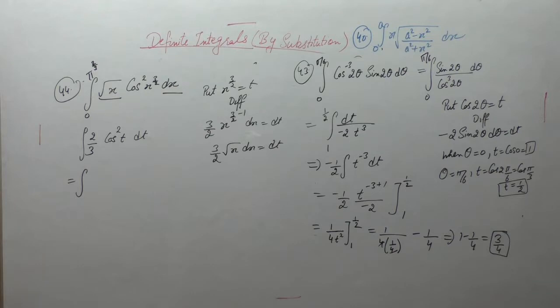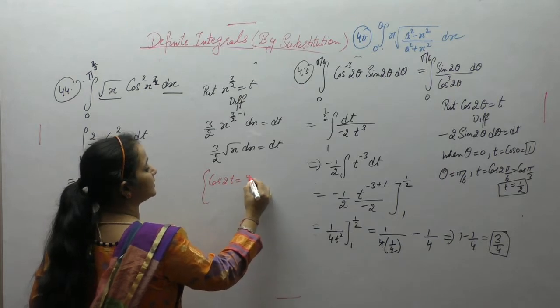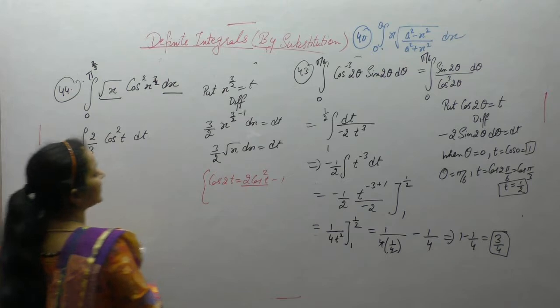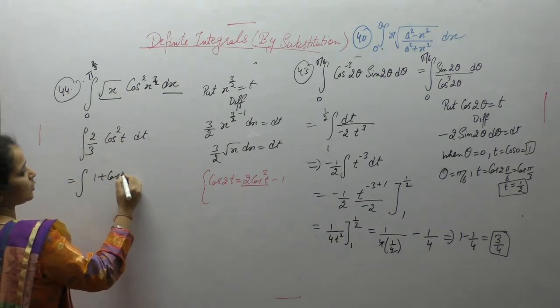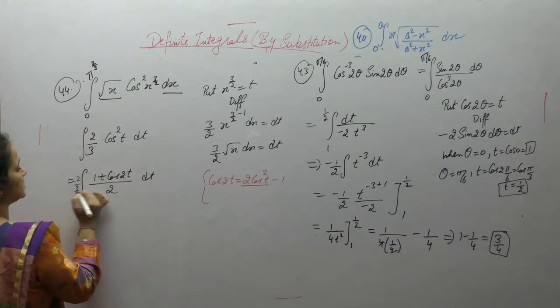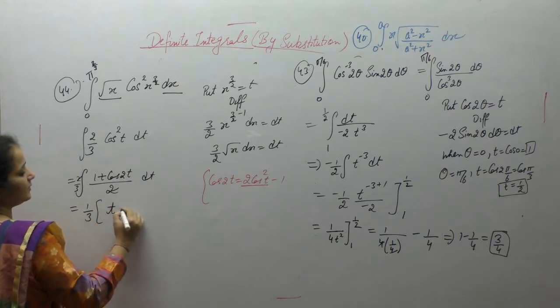Value of cos square t: cos 2t is 2 cos square t minus 1. From here we can find the value of cos square t as 1 plus cos 2t upon 2. 1 by 3 integral of 1 plus cos 2t upon 2.